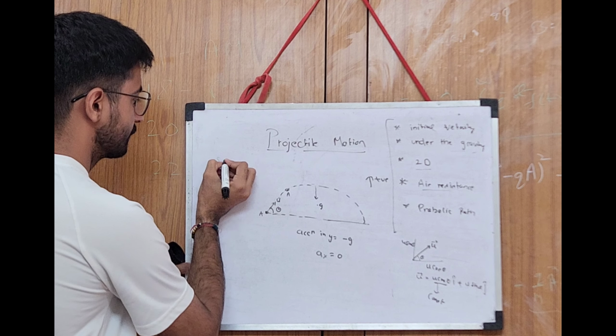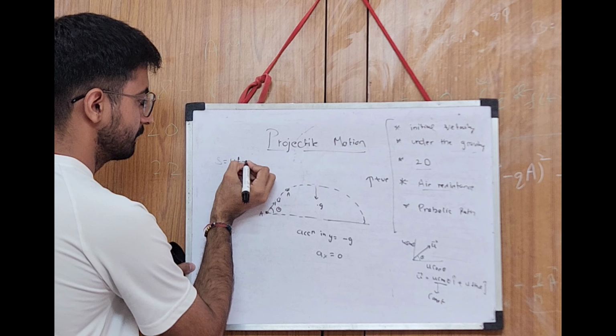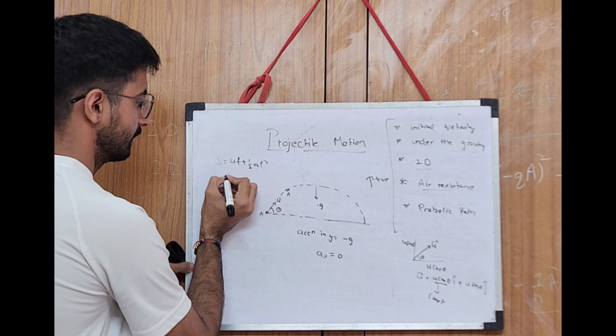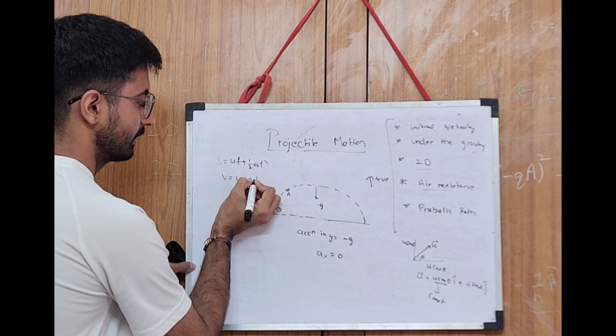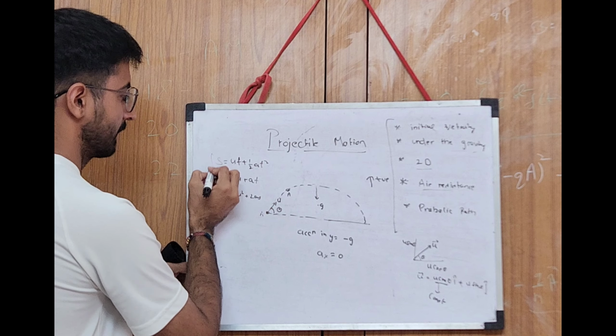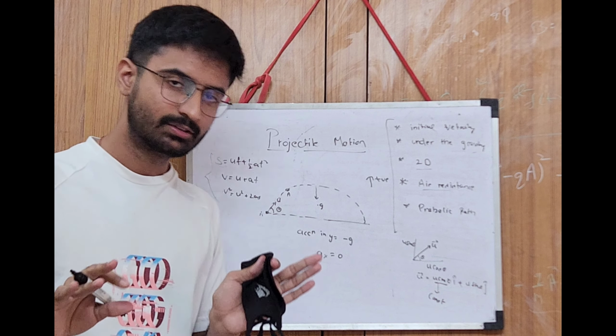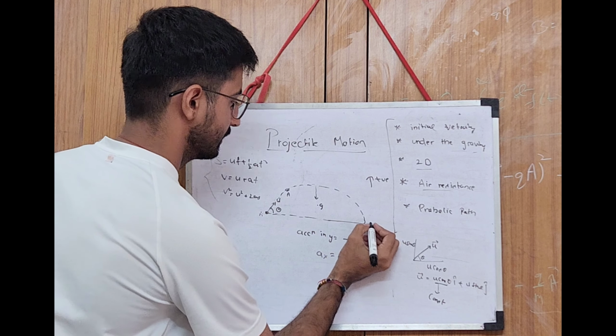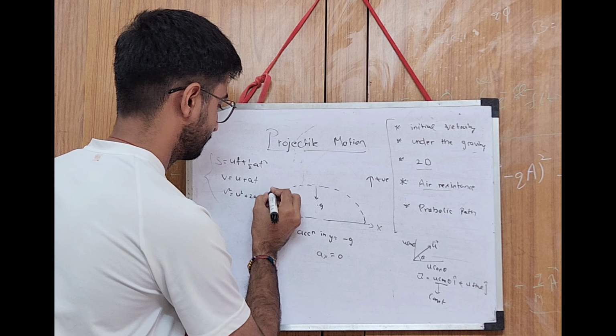We have the equations of motion: s is equal to ut plus half at square, v is equal to u plus at, v square is equal to u square plus 2as. We will use these equations of motion in two different directions, x and y.